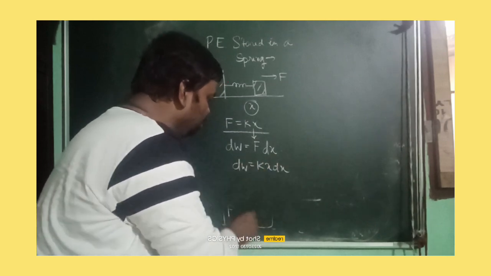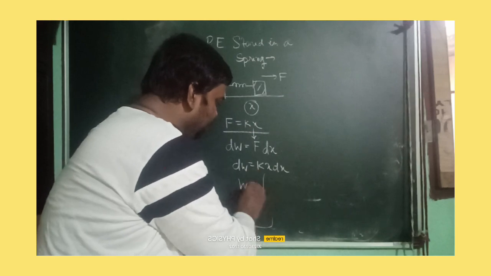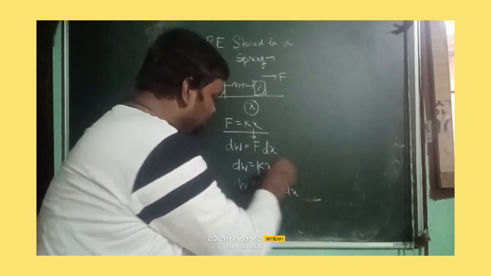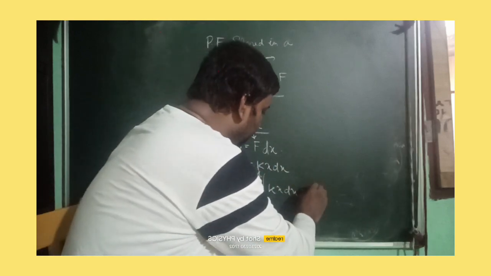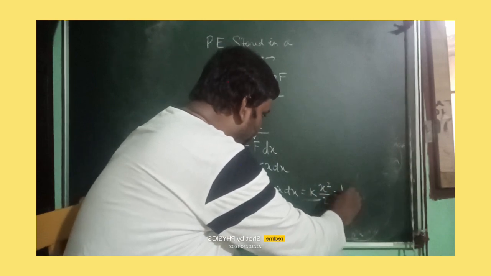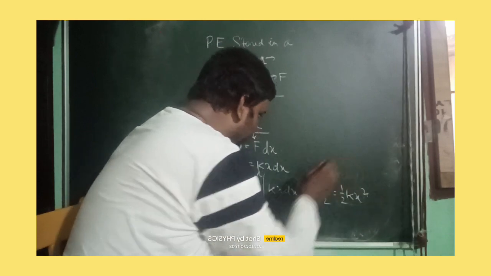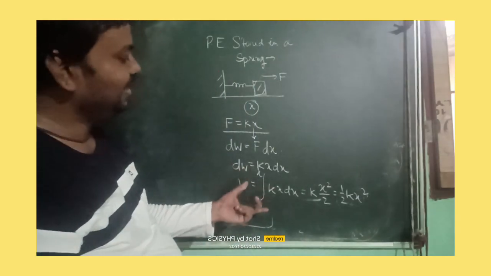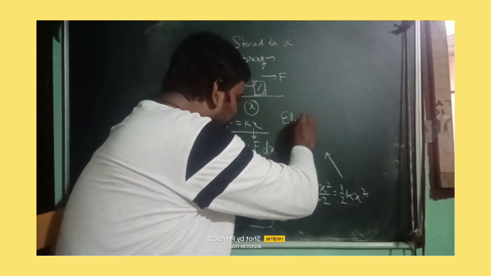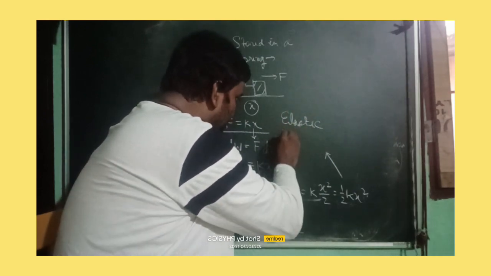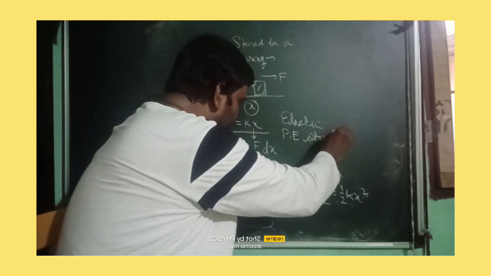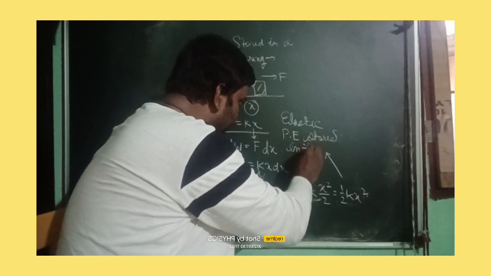Integrating both sides, the integration from 0 to x of kx dx is equal to k into x square by 2, that is equal to half k x square. That is the elastic potential energy stored in the spring.